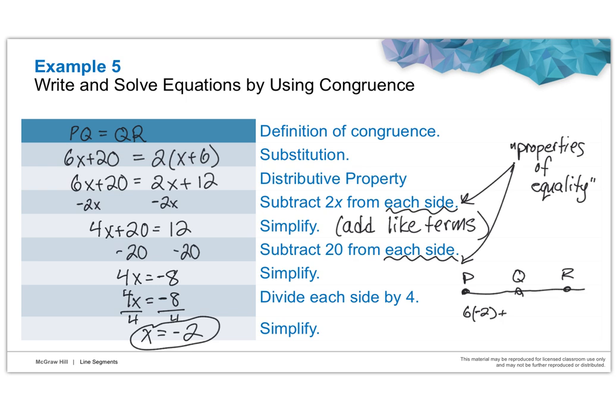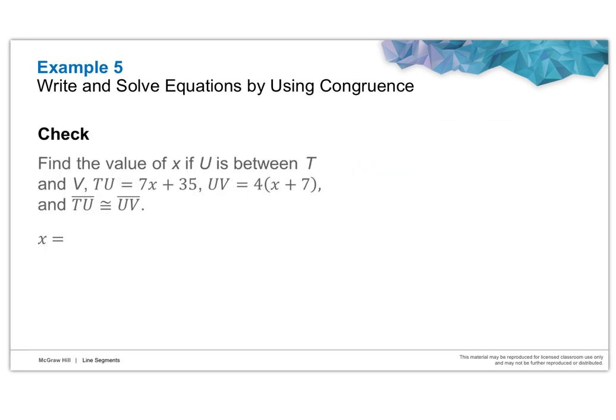I'm just going to substitute it here into the expression for PQ so you can see what I'm talking about. This 6 times -2 plus 20 would still give me a positive measure of 8 for that segment PQ. So just because you have a negative outcome for your algebraic answer doesn't mean it won't make geometric sense.